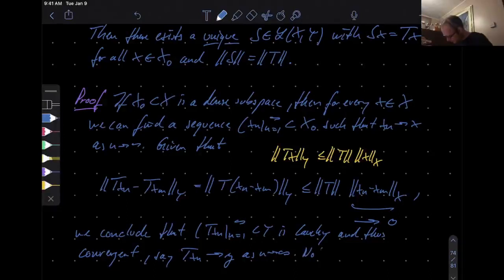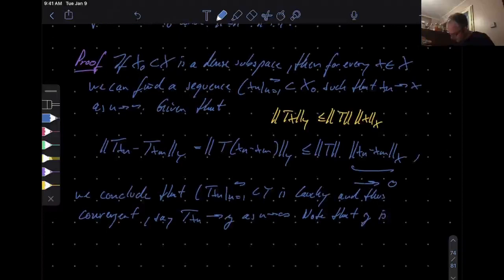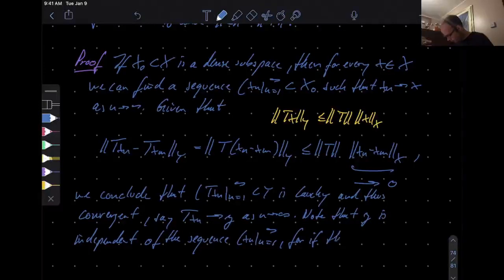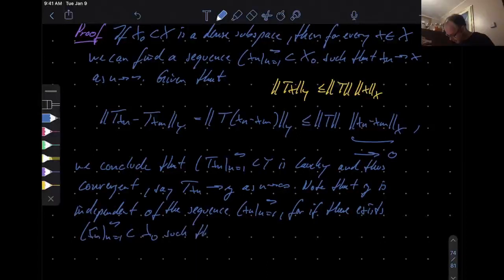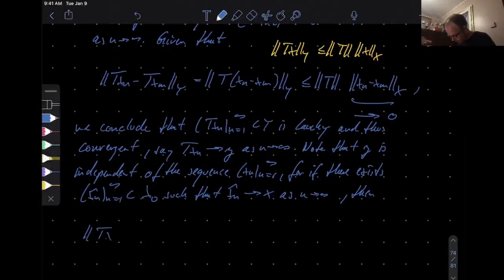All right, note that this element is actually independent of the sequence x_n, for if there exists another sequence, say x_n hat, in X naught such that x_n hat also goes to x as n tends to infinity, then, well, T x_n hat minus T x_n, this is in Y, well, it is at most equal to the operator norm times the norm of x_n hat minus x_n.